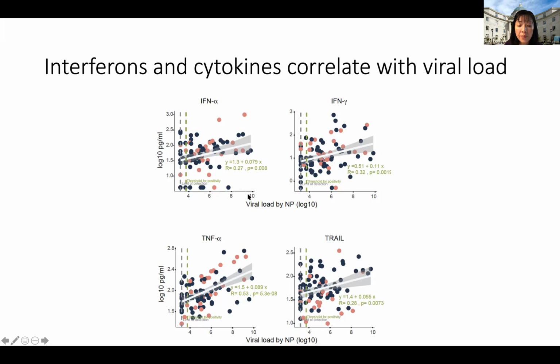With viral load on the x-axis, you can see a positive association between increasing viral load and increasing levels of type 1 interferon and type 2 interferon, and TNF and TRAIL. These are other pro-inflammatory factors that we find in the plasma of these patients. So it appears that instead of these interferons controlling the viral load, it's the viral load that is driving the secretion of these plasma levels of antiviral cytokines.